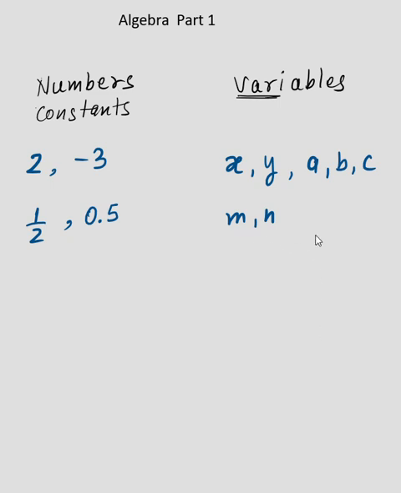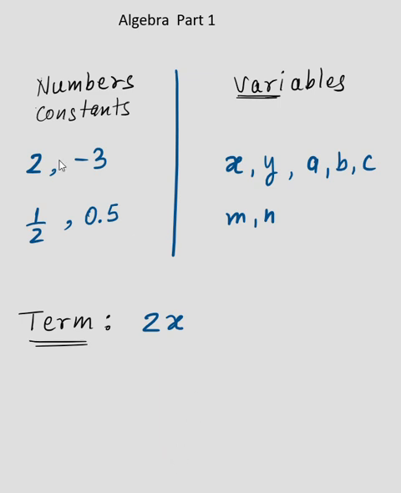So these are the variables. If you combine these two together, that means take one from the numbers and one from the variables, so let's take a 2 from here and x, I will get 2x. 2x is a term.